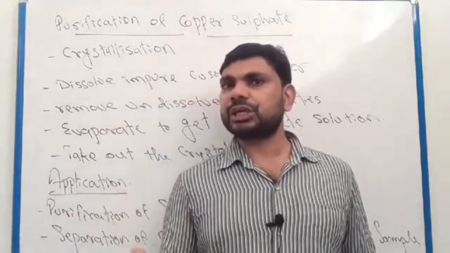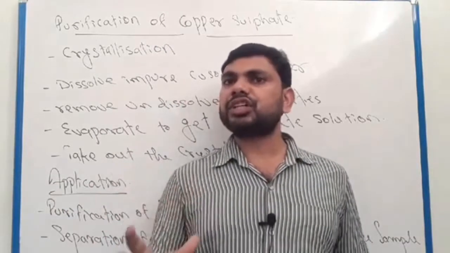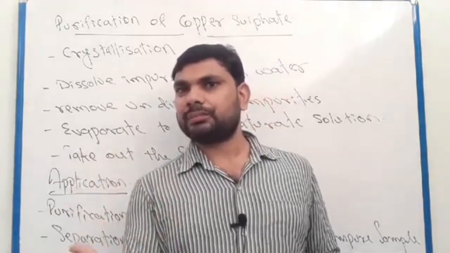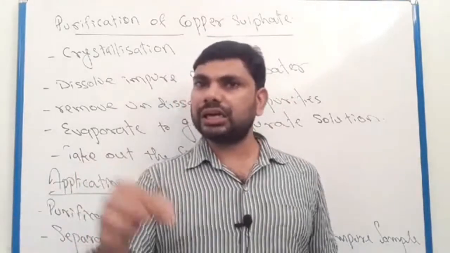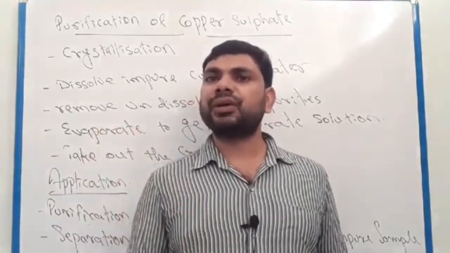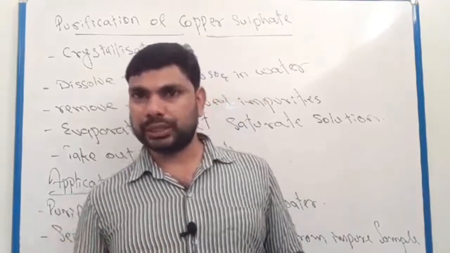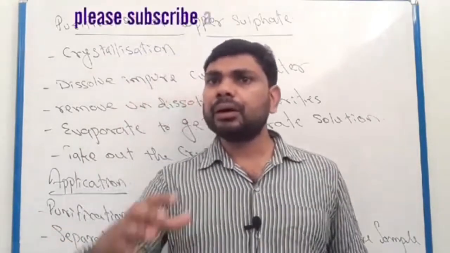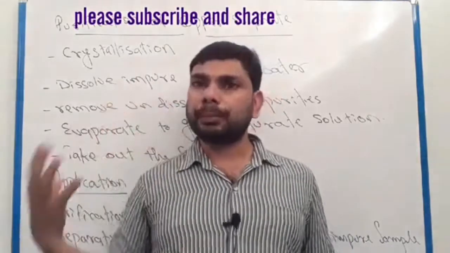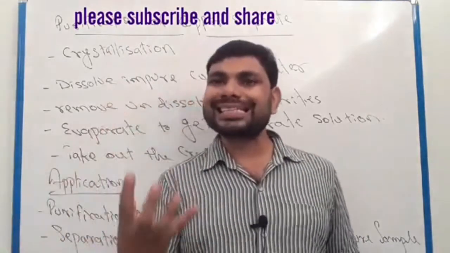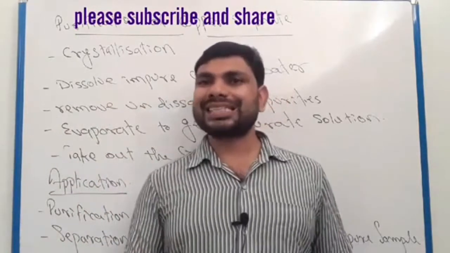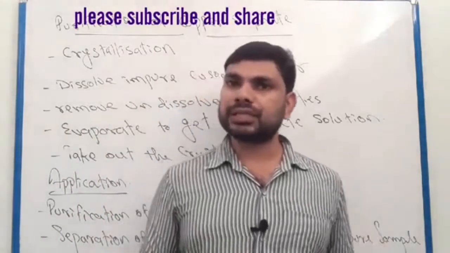Warm this mixture. After filtration we will get the filtrate, the mixture which contains dissolved copper sulfate. Warm this mixture to get a saturated solution. After warming, some water will evaporate and we will get a saturated solution. We discussed saturated solution in the previous video.